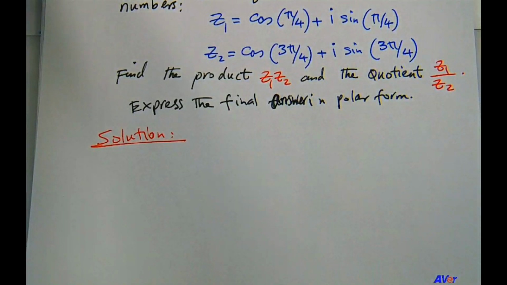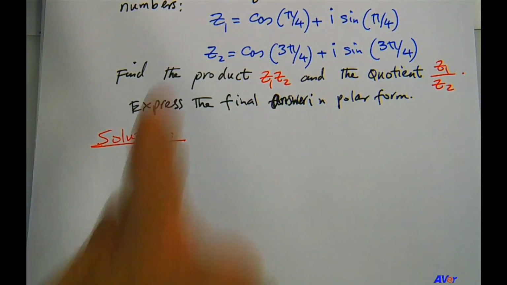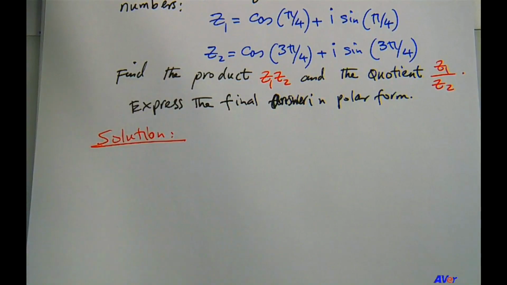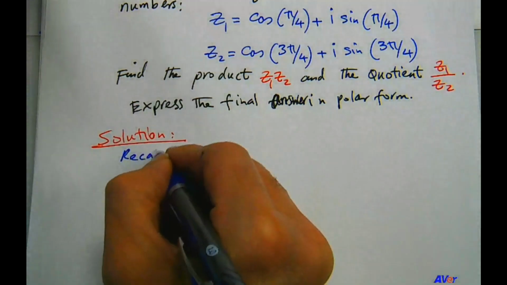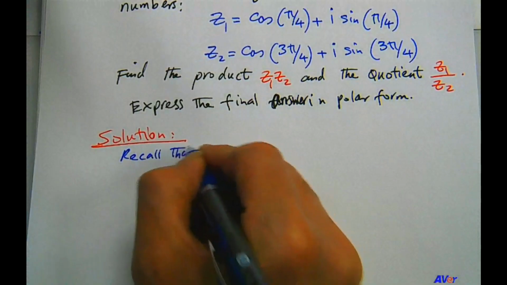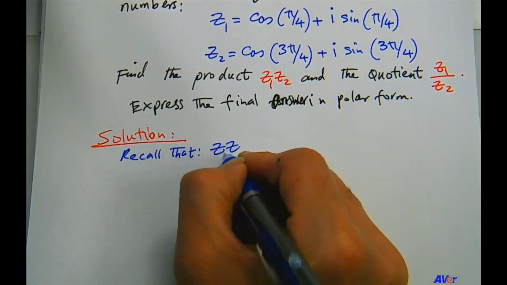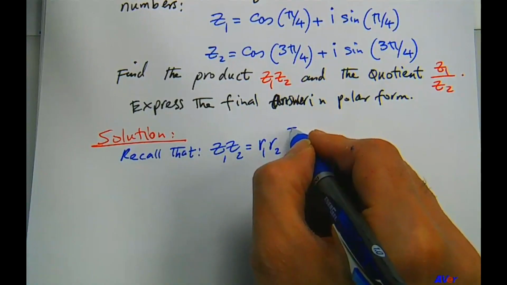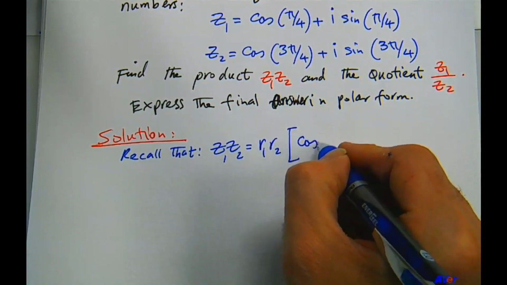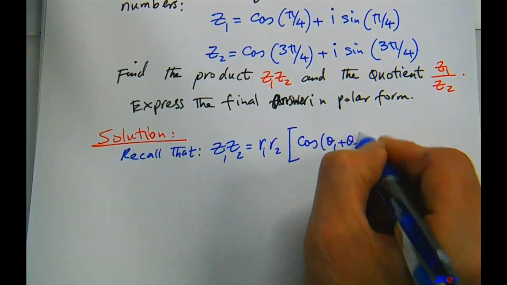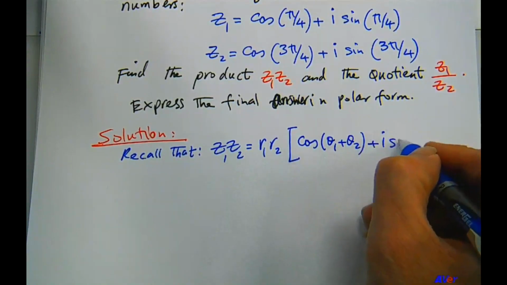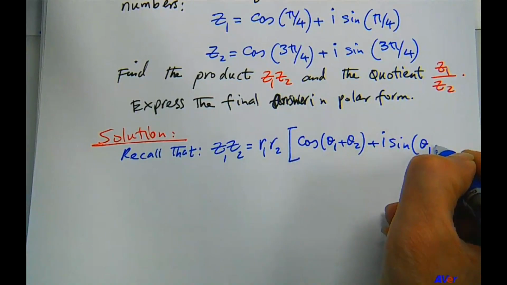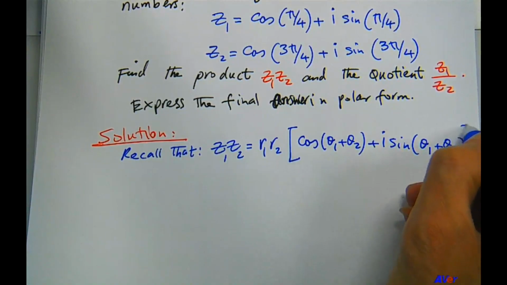So recall that the formula for multiplying those two is as follows. Z1 Z2 is equal to R1 R2 times cosine of theta 1 plus theta 2 plus i sine of theta 1 plus theta 2, right?